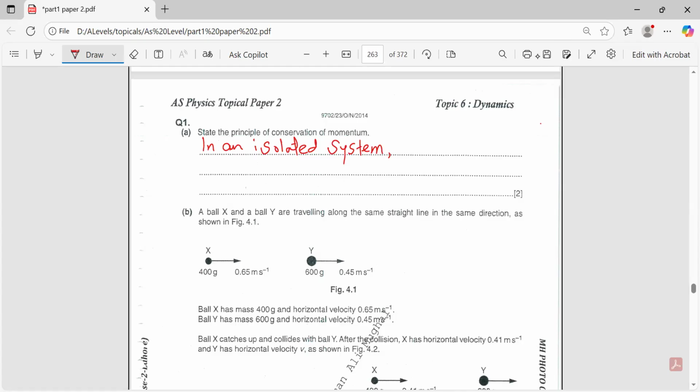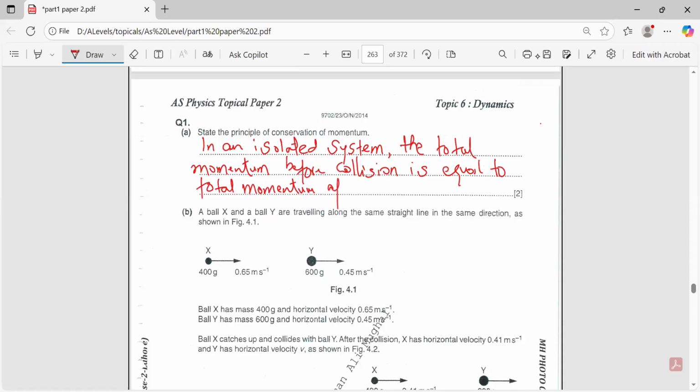So in an isolated system, the total momentum before collision is equal to the total momentum after collision. So this is known as the law of conservation of momentum.